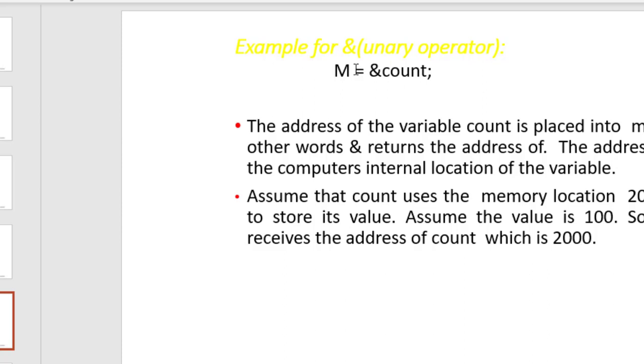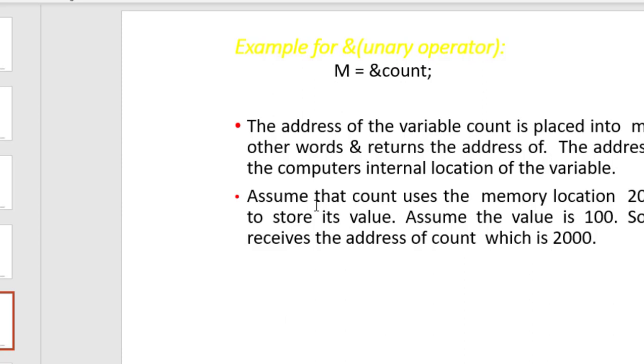Suppose m is a pointer, and pointer m is supposed to hold the address of a variable. So this is the way that you can assign a variable address to a pointer. This is a unary operator. Now the address of variable count is placed into m, as I'm explaining here.